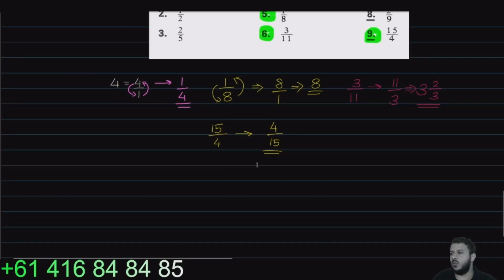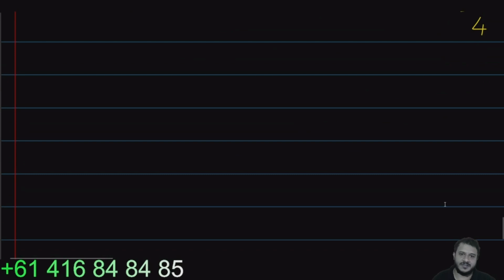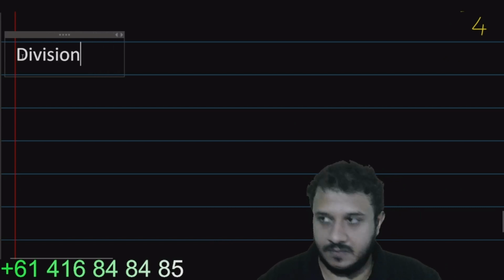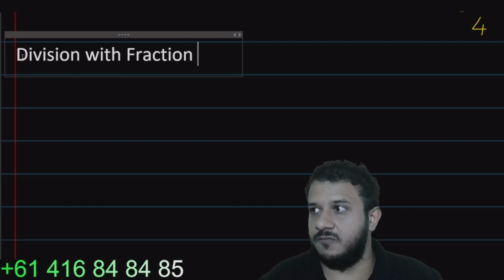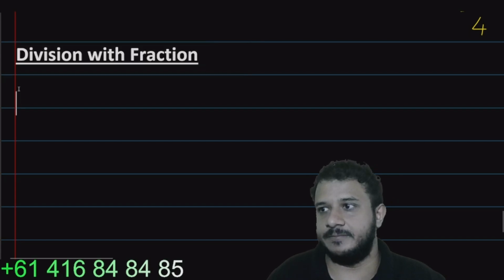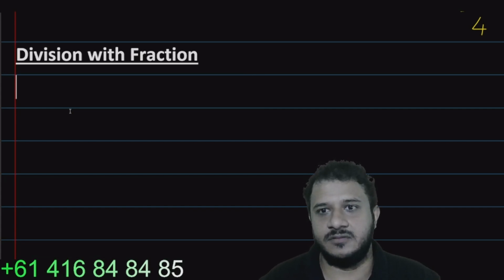Now, why do we want this reciprocal? It seems so easy. We want it when it comes to division with fractions. When it comes to division with fractions, we will need the process of reciprocal. Has anybody done division with fractions? You all did it? When did you do it?